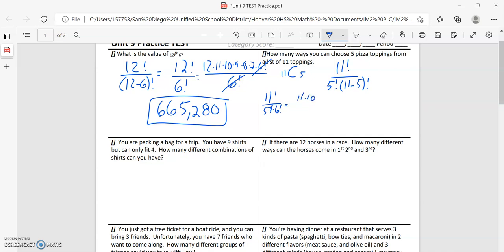On top, 11 times 10 times 9 times 8 times 7 times 6 factorial, and those cancel out. So we're left with 11 times 10 times 9 times 8 times 7 divided by 5 times 4 times 3 times 2, which equals 462.